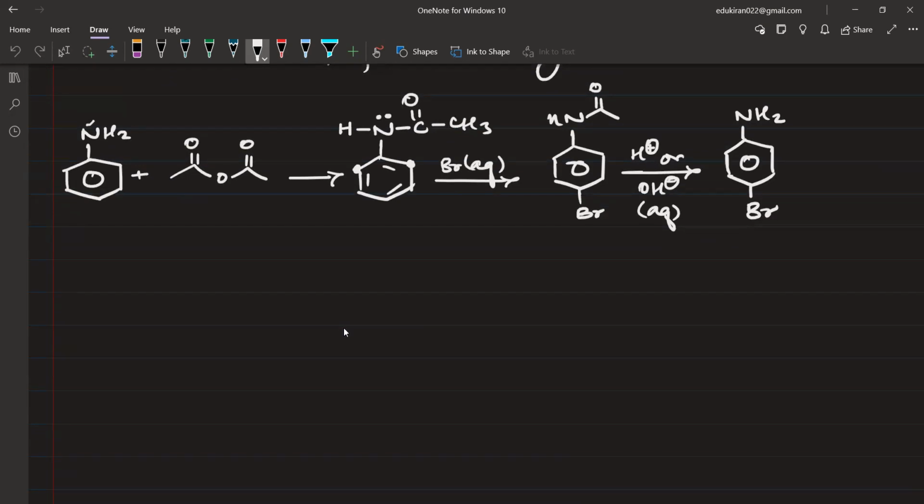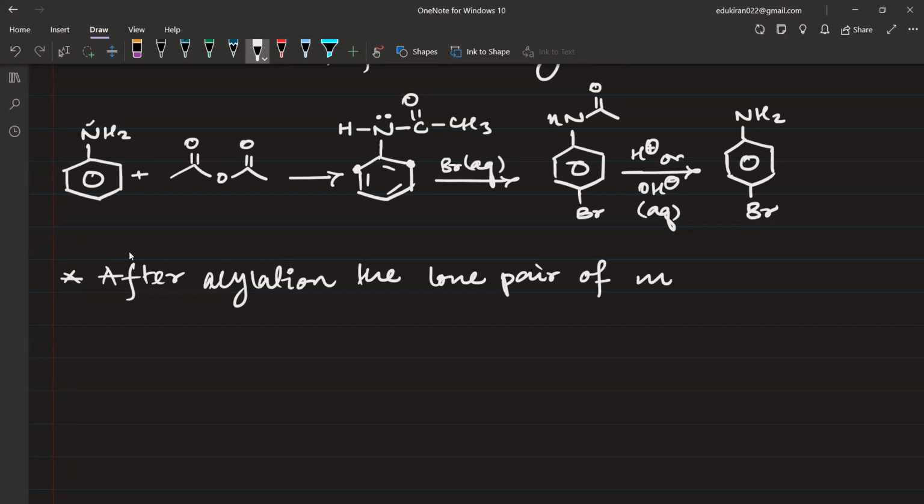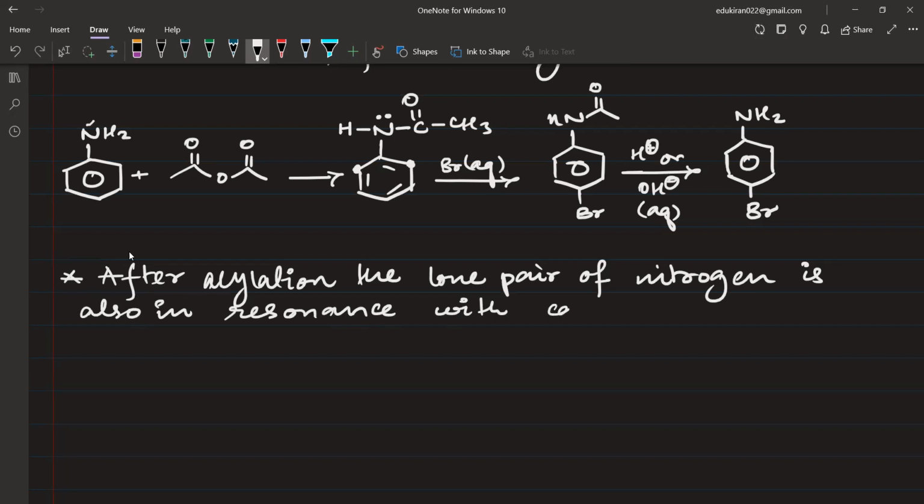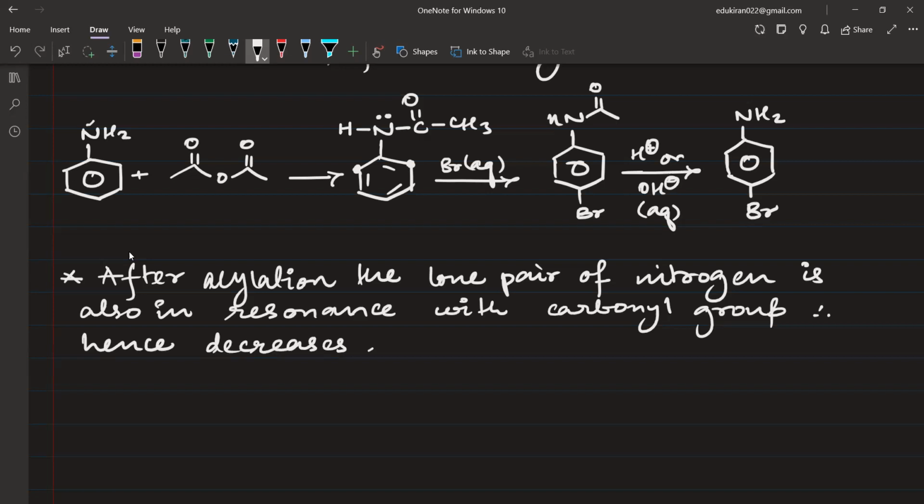Okay. After acylation, the lone pair of the nitrogen atom is also in resonance with the carbonyl group, and hence decreases its activating power.